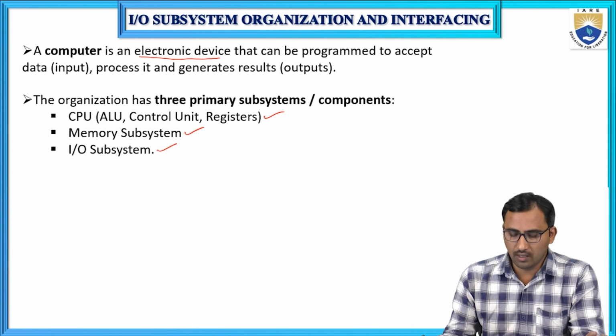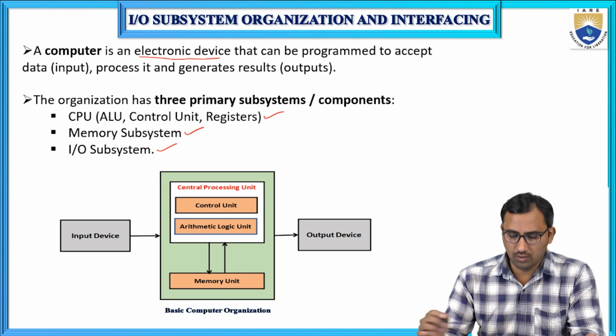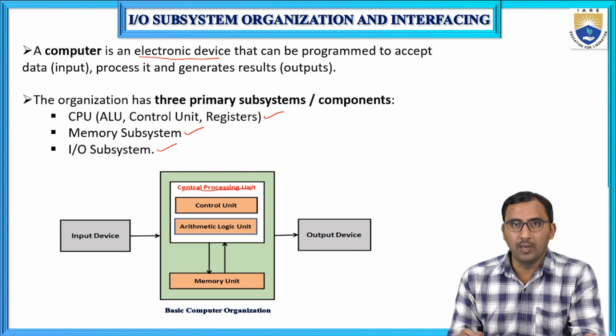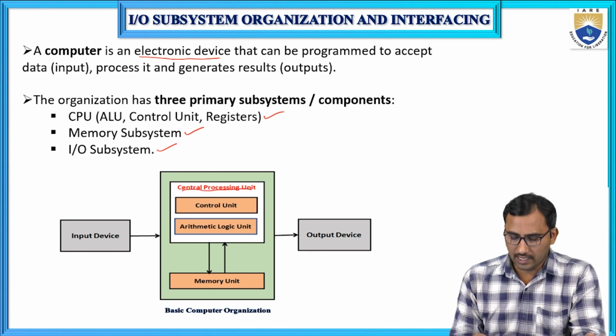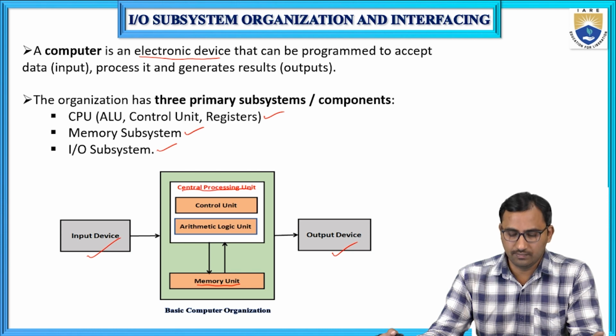So the basic computer organization consists of three subsystems: the CPU, the Memory Unit, and the input and output devices. All these subsystems function together as a single unit to deliver the desired output.